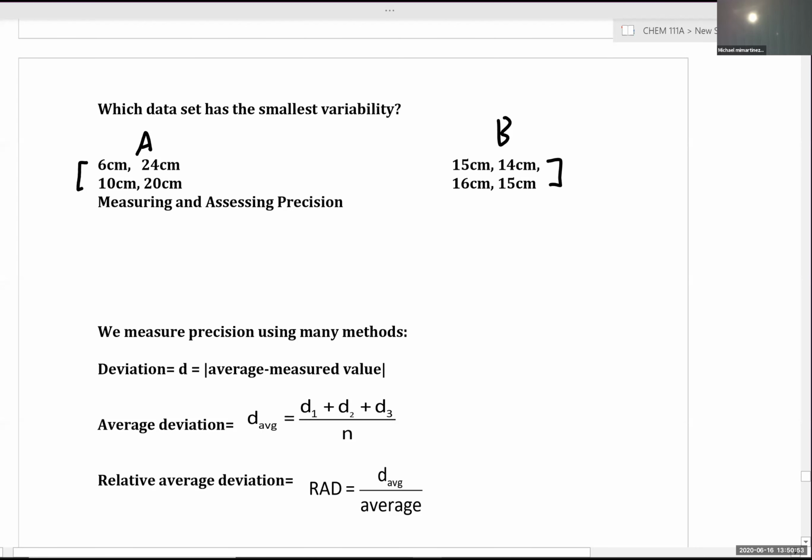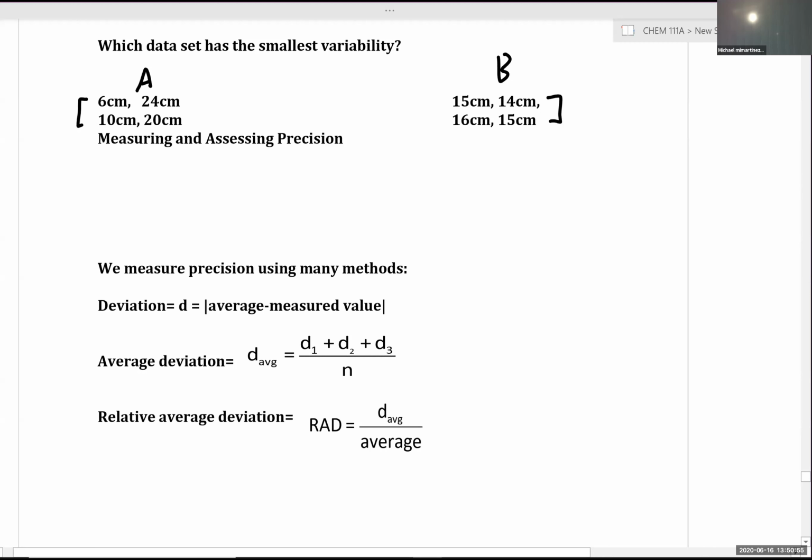So one way that we can quantify precision is by using deviation, average deviation, and relative average deviation. So deviation is defined as your average minus your measured value. Now we can express the average deviation among all of our data points in a data set by calculating the average deviation, which is the deviation over the number of values that you've added together.